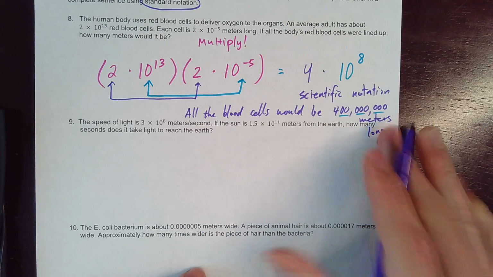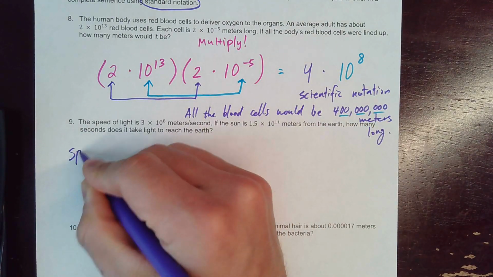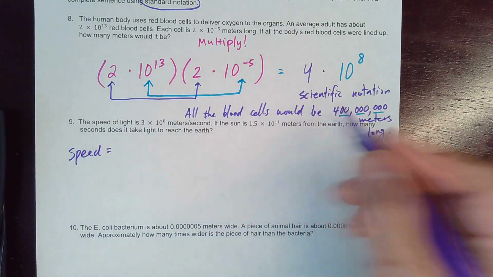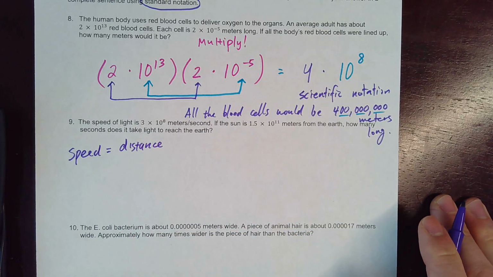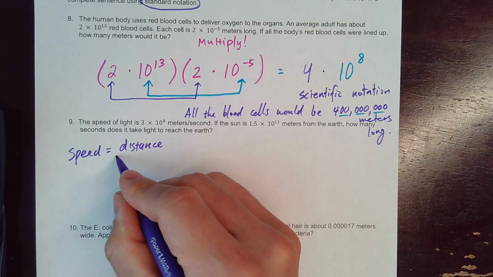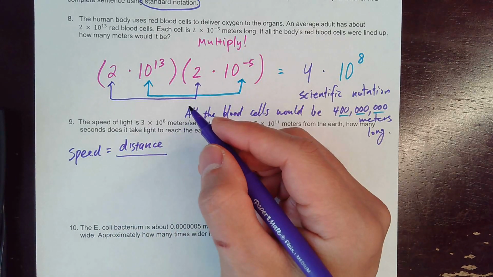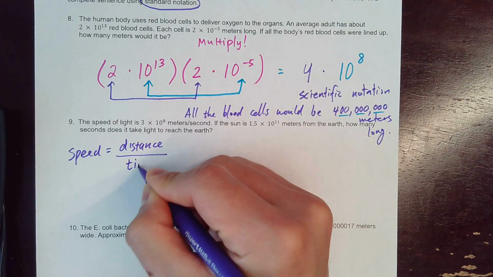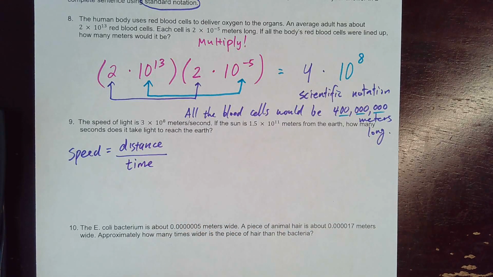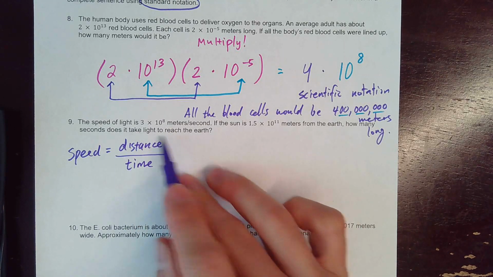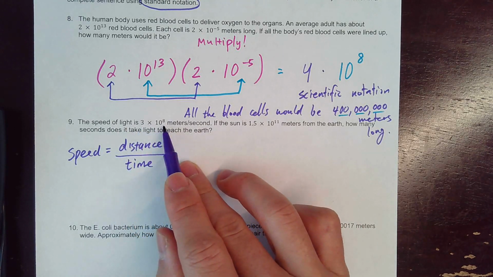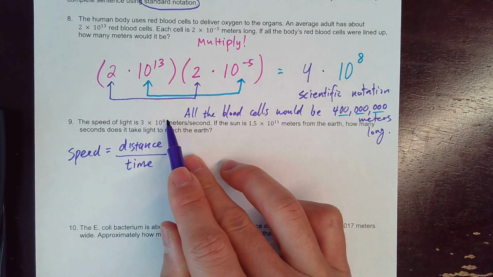Okay, so this is back to the age-old ratio that speed is equal to your distance divided by your time. Right, miles per hour, right? Now, in this case, they actually give us the speed of light, which is 3 times 10 to the 8th.